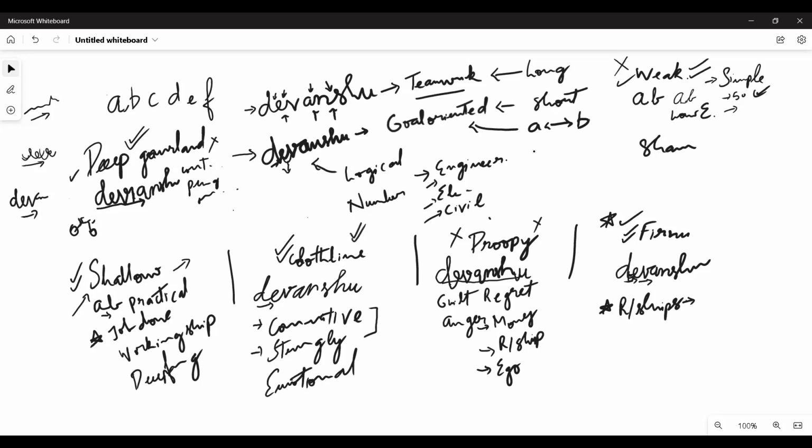Give me one second. Okay, so sham garlands are basically people who have sort of a retrace.